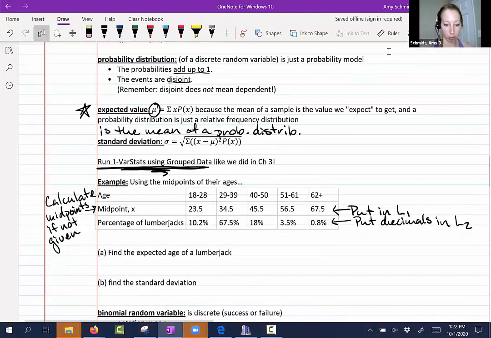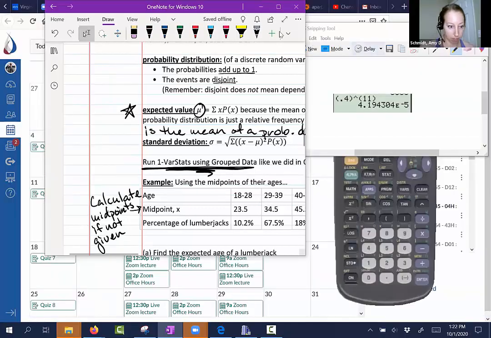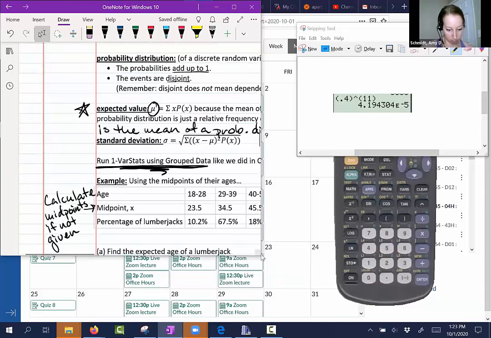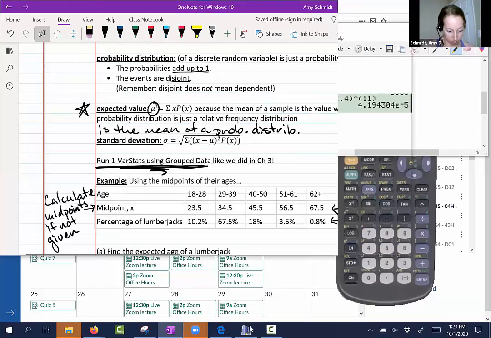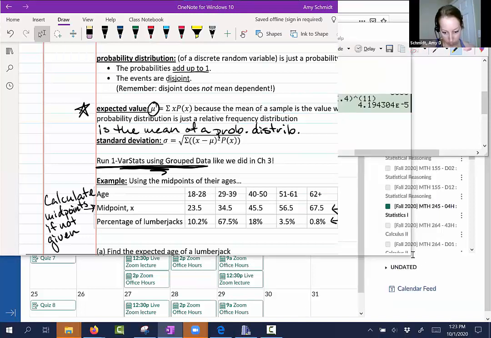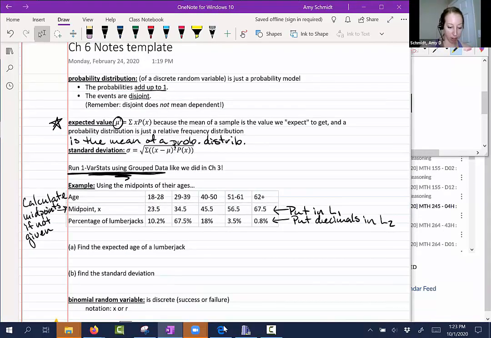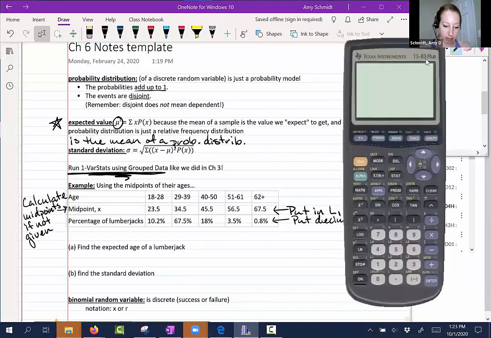Let me resize my windows so you can see all of this at once. There we go. So grab your calculator. I'll remind you how we did this.